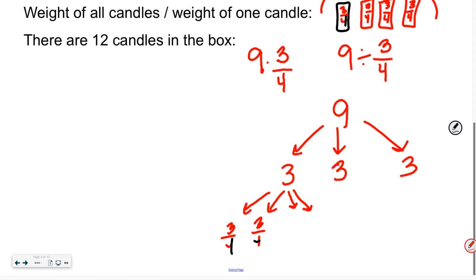How many quarters do I have? I have 1 and 2/4. Good. Add another 3/4. Okay, add another 3/4. Right, which is 3 wholes.